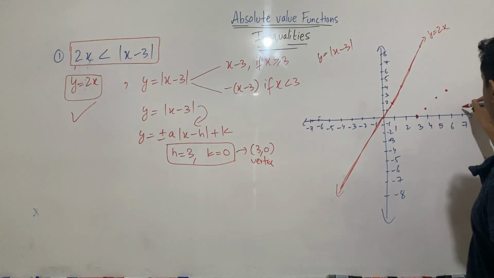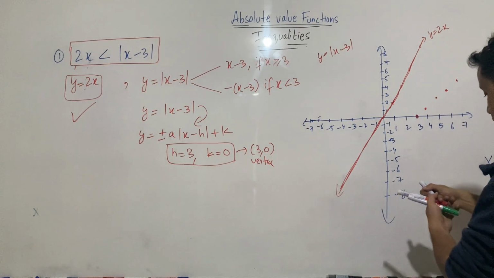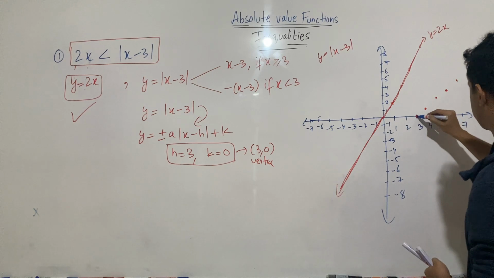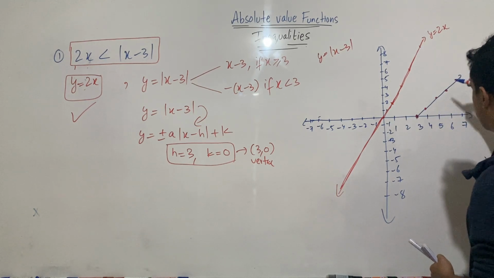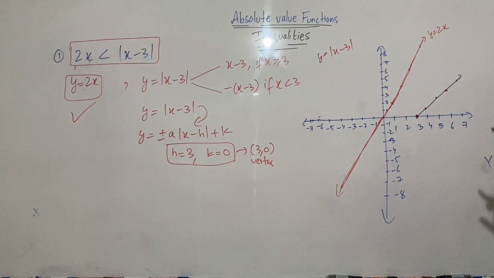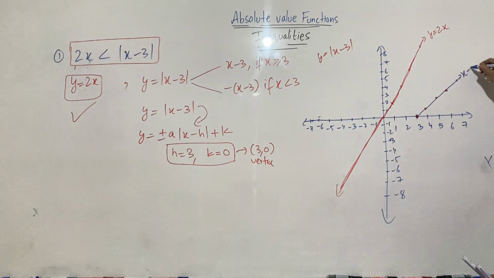Okay, 7, 4. So this side is going to be this, and this is going to be your x minus 3, right? Because greater than 3, so x minus 3.